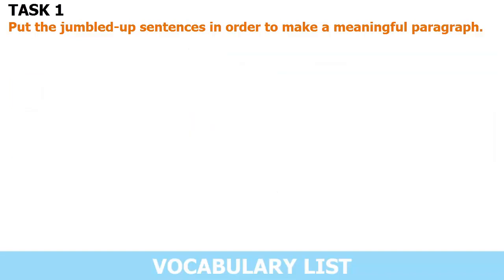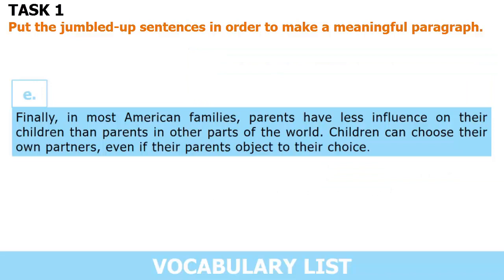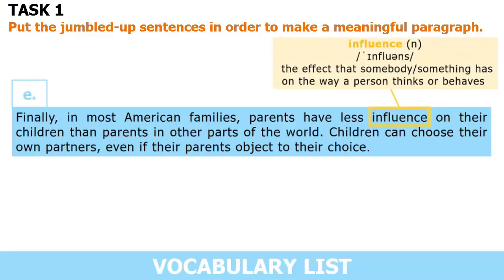In part E, we have to pay attention to two new words. Firstly, can you guess the meanings of the word influence? Influence means the effect that somebody or something has on the way a person thinks or behaves. Its Vietnamese meaning is sự tác động, sự ảnh hưởng.